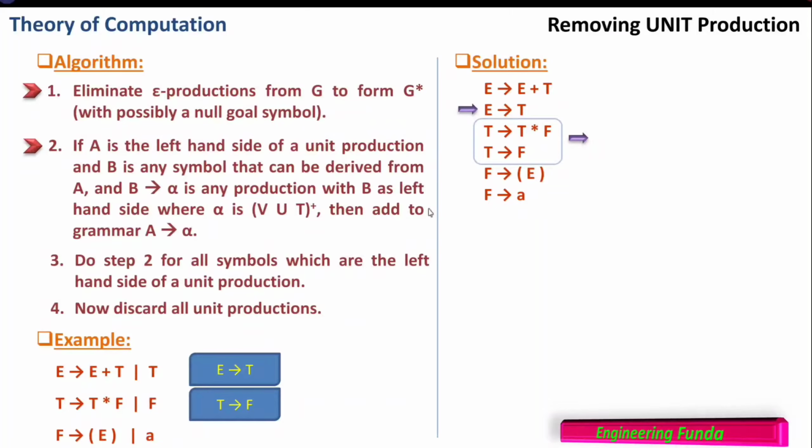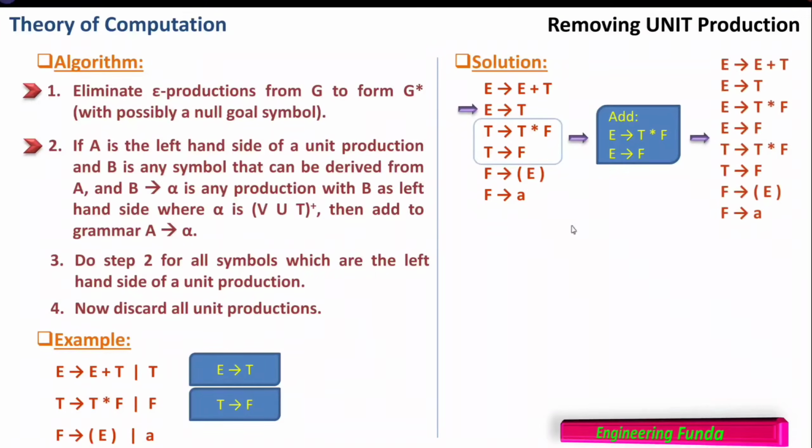So we have to add A tends to alpha. That means A here is E, and alpha is T star F and F. So we have 2 new productions, E tends to T star F and E tends to F, because we have E tends to T and T tends to T star F. So we will get E tends to T star F, and in the same way E tends to F. We have to add these 2 productions to the grammar, so our new grammar will look like this.